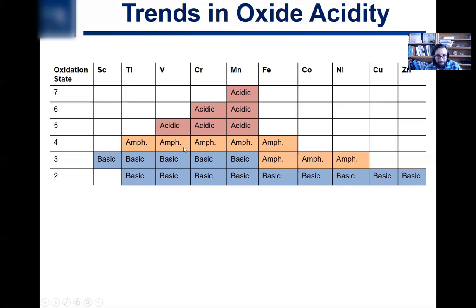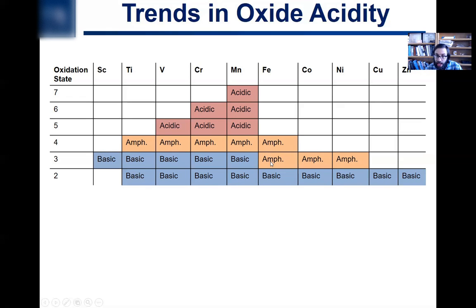But what you can see is that there is a shift in the onset of where amphoterism starts. From titanium to manganese, at oxidation state 4, you're amphoteric, which is halfway between acidic and basic.